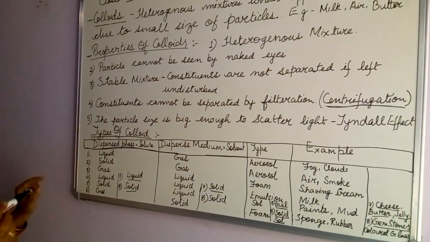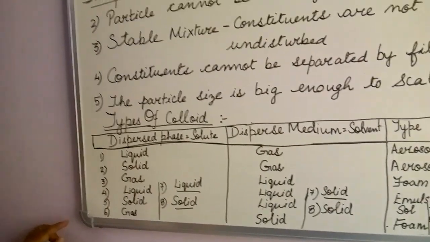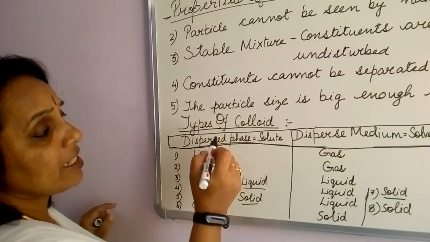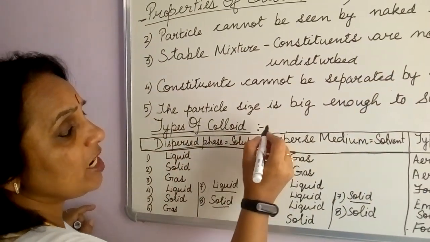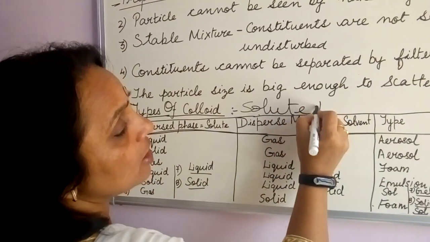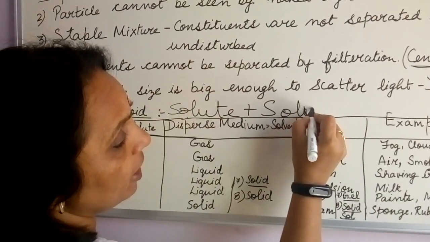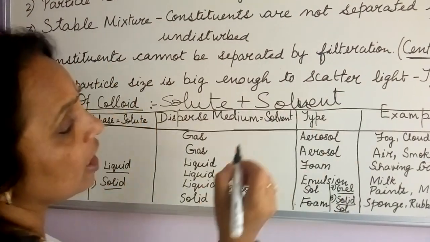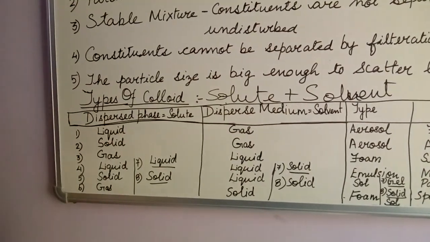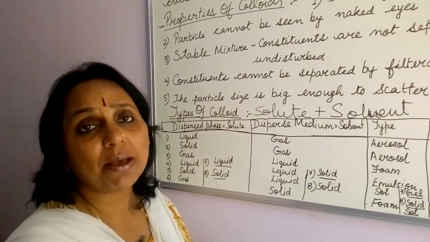Now let us study about the various types of colloids. There are 8 types of colloids. Just like other mixtures, a colloid is also made up of solute and solvent. So what is the solute? Solute is the portion which is taken in less amount.